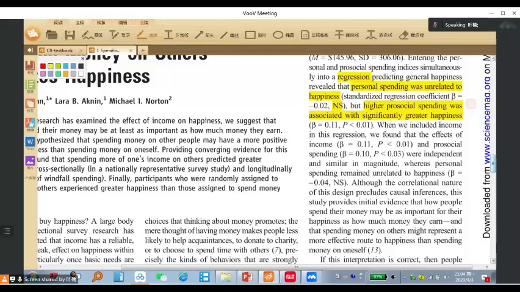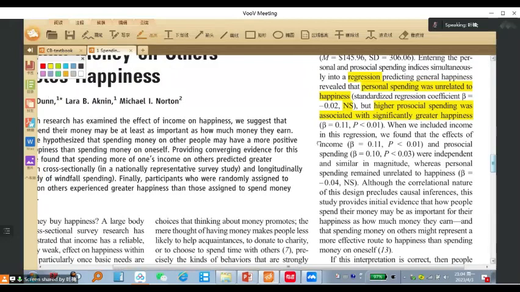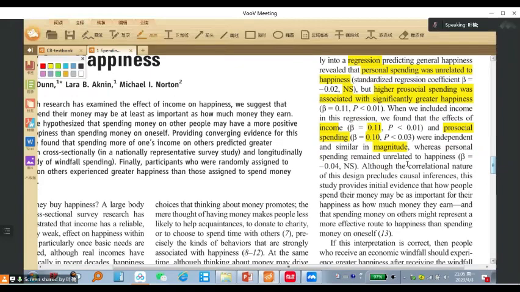When we included income, we found that the effects of income and pro-social spending were independent and similar in magnitude. You can see judging from the coefficient. Personal spending remained unrelated to happiness. So this is the correlation nature.